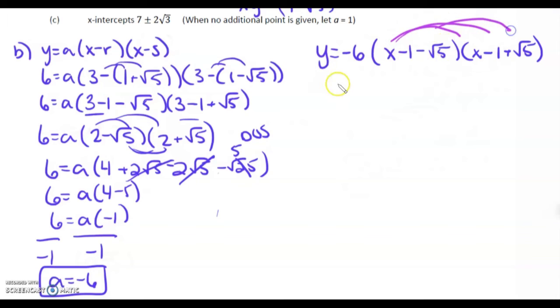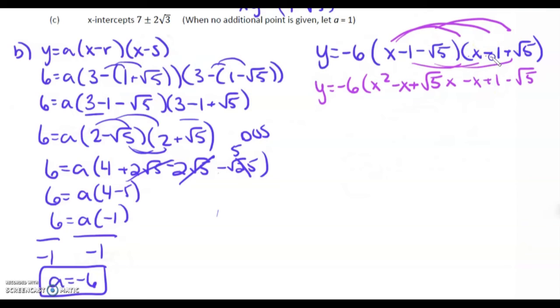So let's expand this x into the second bracket: x squared minus x plus root 5x. Okay, let's expand this negative 1 into every term in the second bracket. We're just flipping all the signs if it's multiplying by negative 1. And let's distribute this negative root 5 into the second bracket. So negative root 5x plus root 5 minus root 25.